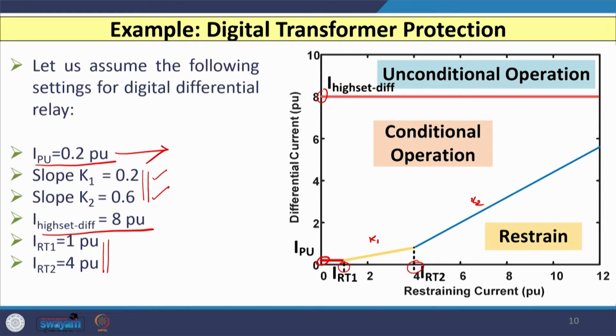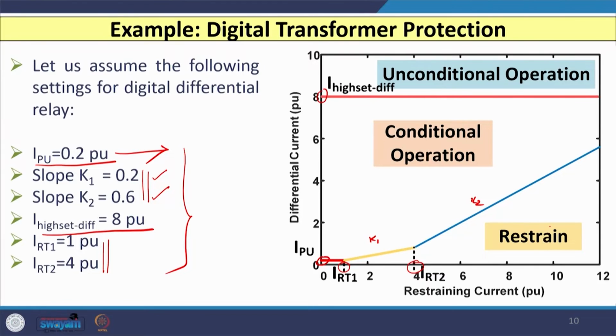We have assumed these values because these are the normal values suggested by manufacturers or assumed by most utilities in the case of digital differential relays. With these values, our strategy is to consider different cases and see whether my relay will remain stable or not. If the relay remains stable, that means it should not operate, and then we can say these settings are correct.